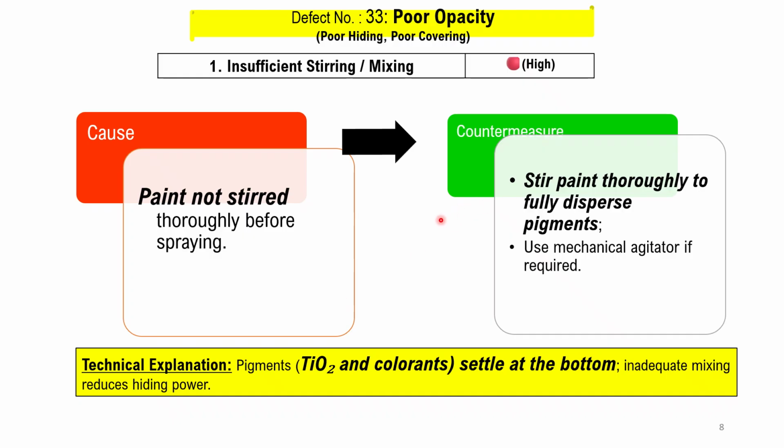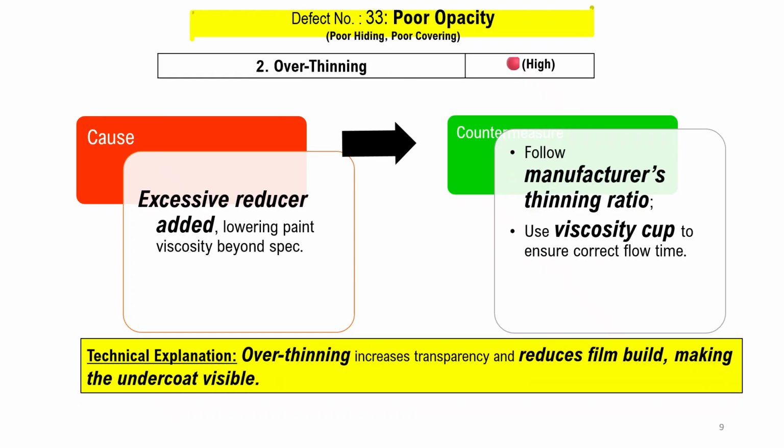And the countermeasure recommended is stir paint thoroughly to fully disperse pigments so that we can obtain good hiding and a proper coverage. Use mechanical agitator if required.